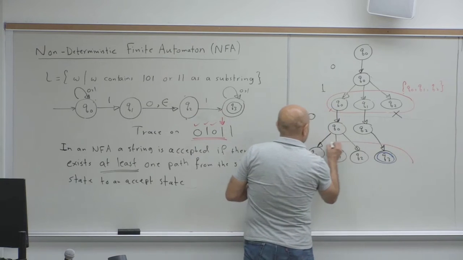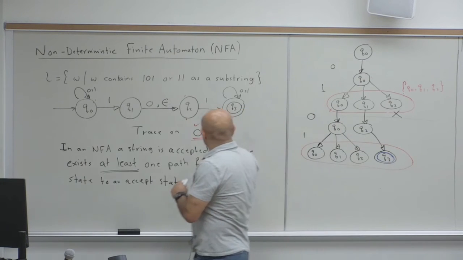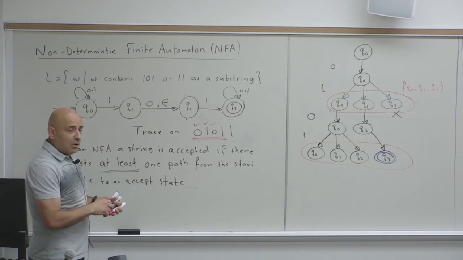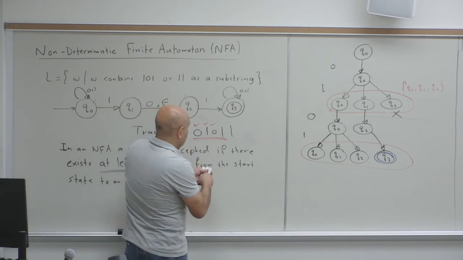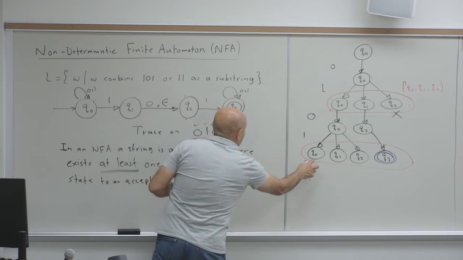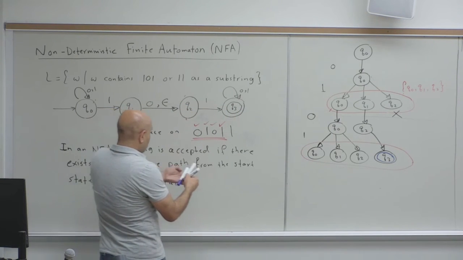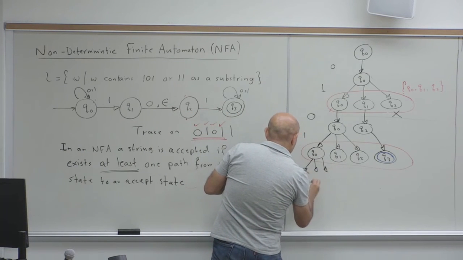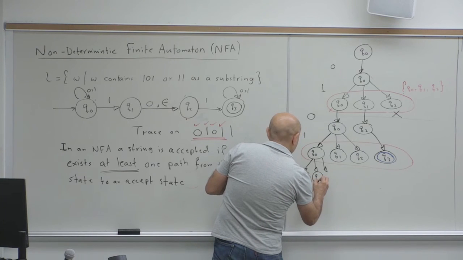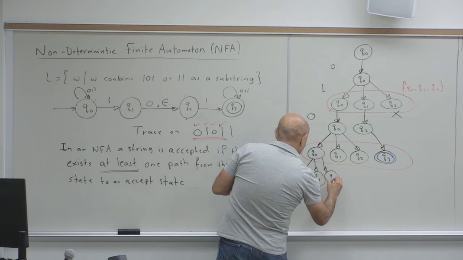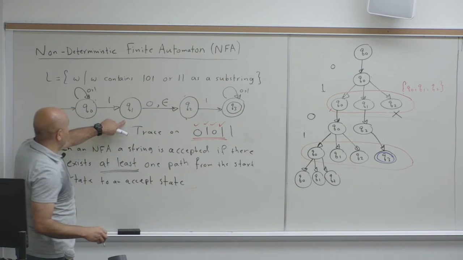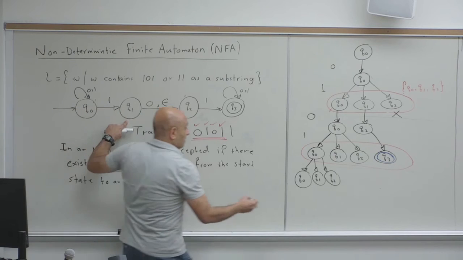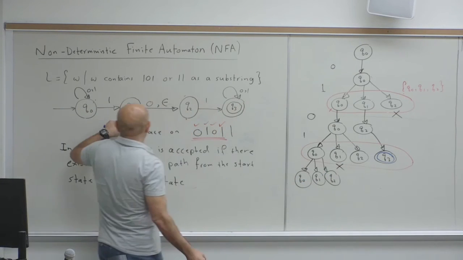Now let's continue. Our string doesn't end here. Let's add one more symbol, which is the 1. Q0 on a 1 again goes to Q0, Q1, Q2. Q1 on a 1 gets nothing. Dead end. It's okay if some paths dead end.